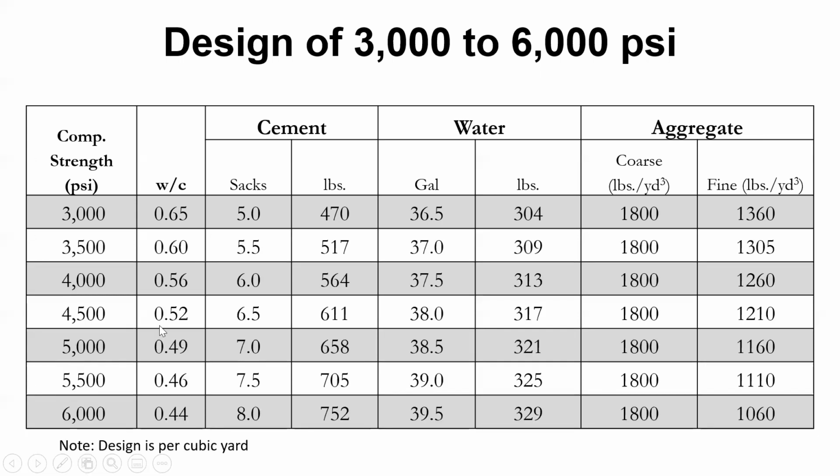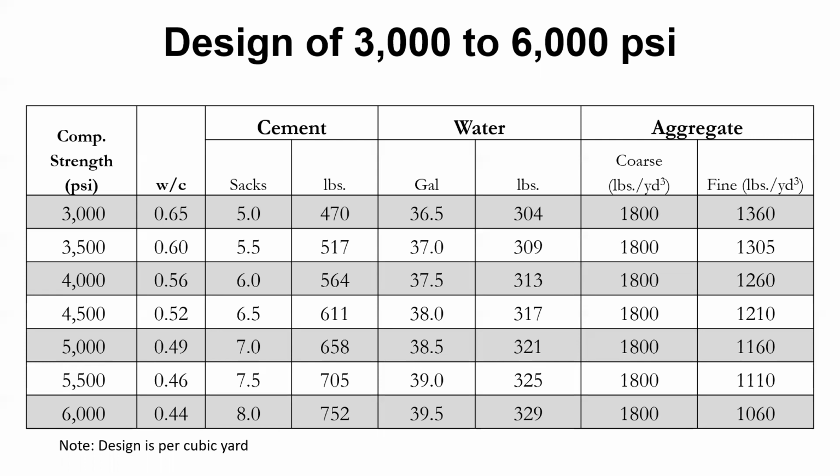So that's what I did here. I changed my water to cement ratio, and I added a sack of cement every time. And I went up. So that's why, if you're ever curious why a 3000 PSI mix is a lot more expensive than, say, a 5000 mix, because you have so much more cement in there.